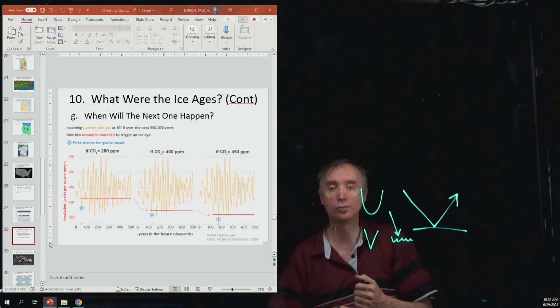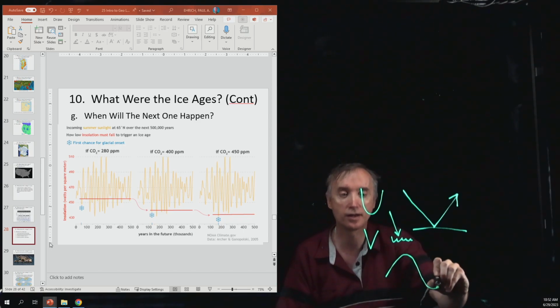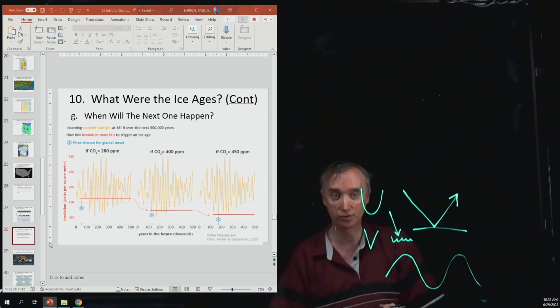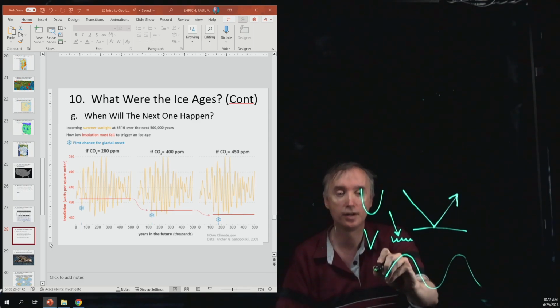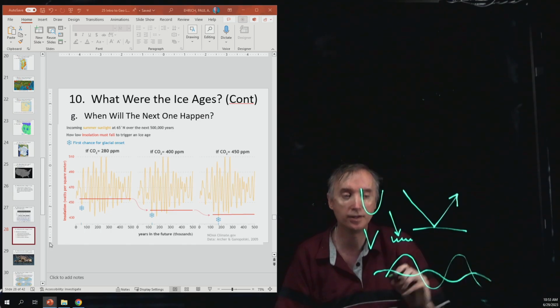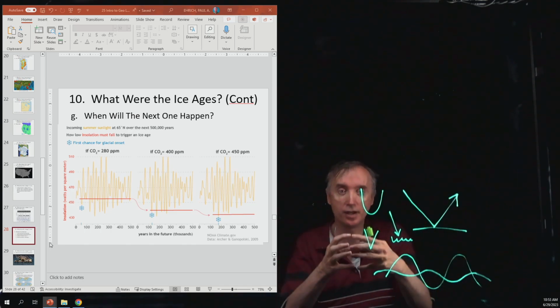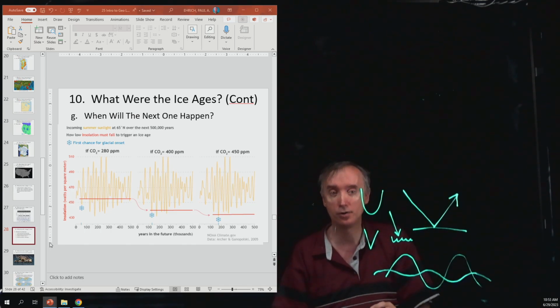Do you remember when we talked about the oceans and we said that you could have an ocean wave that looks like this, that's generated by a storm off the coast of Australia, and then you've got another ocean wave that maybe looks like this, and it is generated by a storm off the coast of Alaska. And then when those two waves come together, they superimpose.